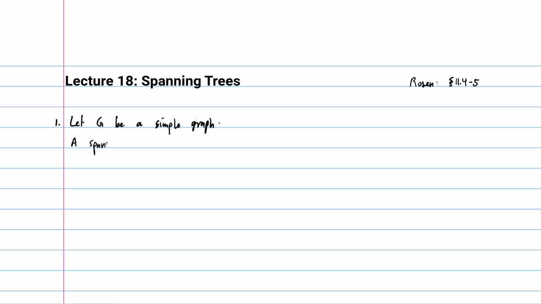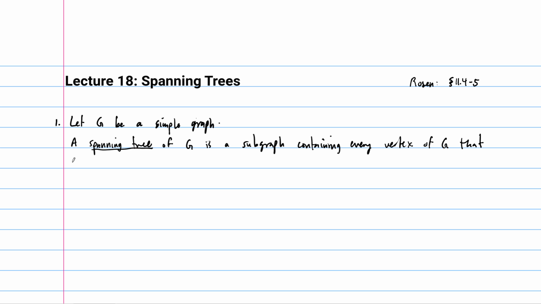So a spanning tree of G is a subgraph containing every vertex of G that is also a tree.